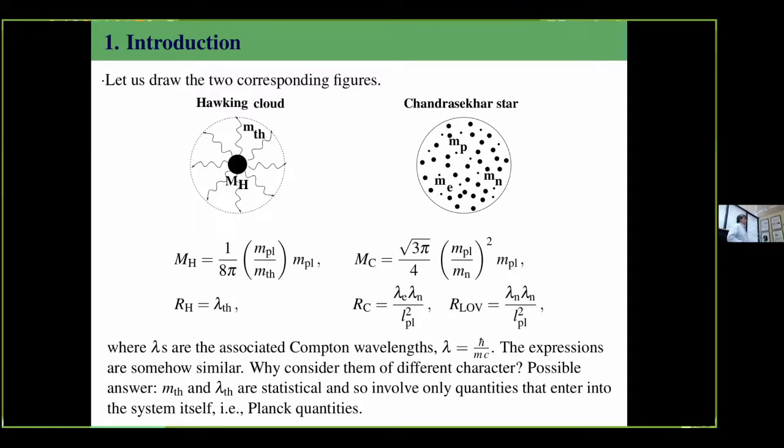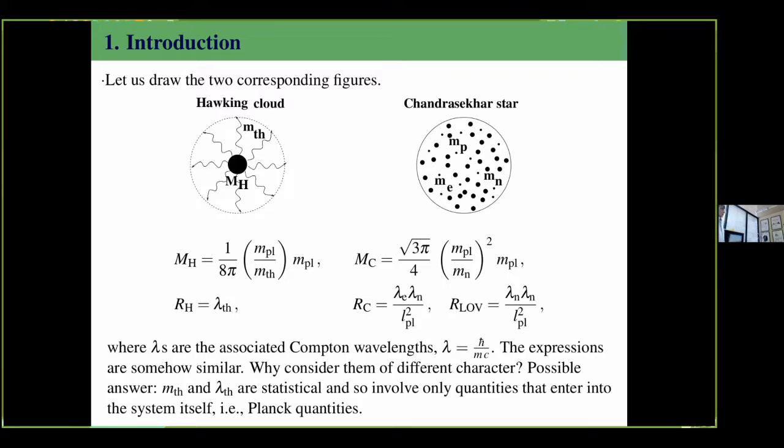You can also work out the radius of the Chandrasekhar star, and it depends on the Compton wavelength of the electron and the Compton wavelength of the proton or neutron, divided by the Planck scale. And also for the Landau-Oppenheimer-Volkoff radius, instead of lambda electron, you have lambda neutron, and so it's lambda neutron squared over the Planck length. You see, you can have both here.